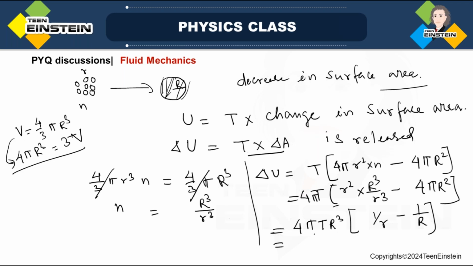So this value 4 pi r cube I'll put here as 3V, and this T was there, so it is 3VT whole into 1 by small r minus 1 by capital R. So you can see the amount of energy which is getting released is this much, 3VT whole into 1 by r minus 1 by capital R.